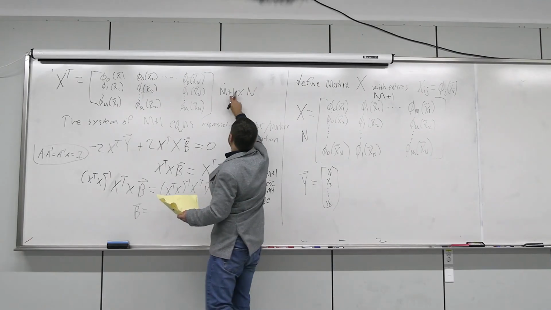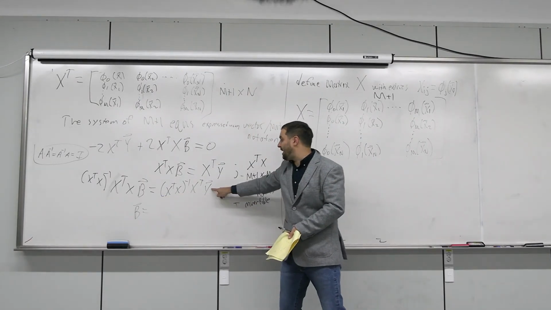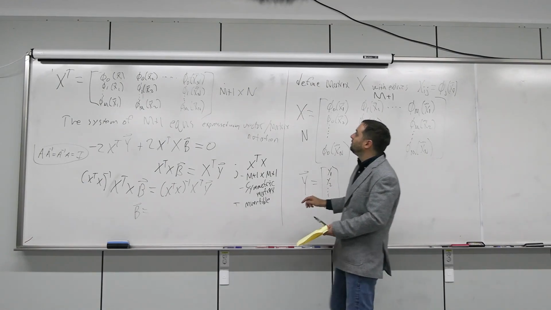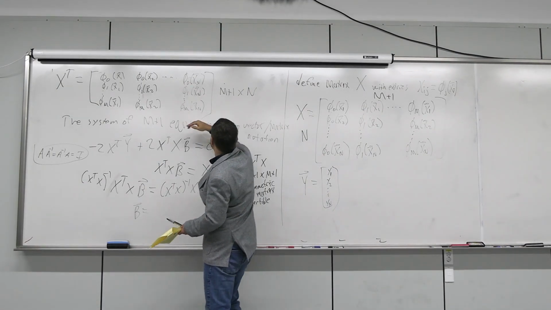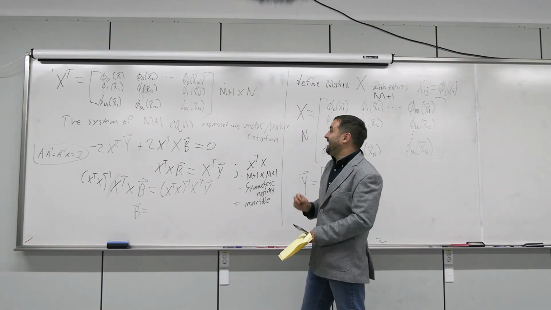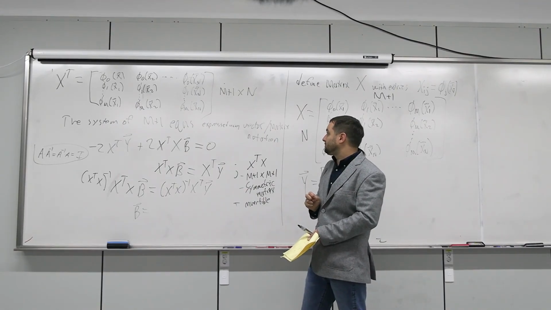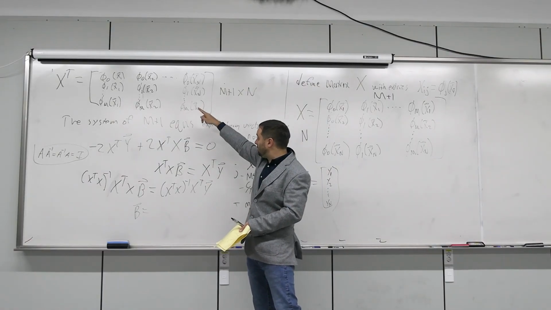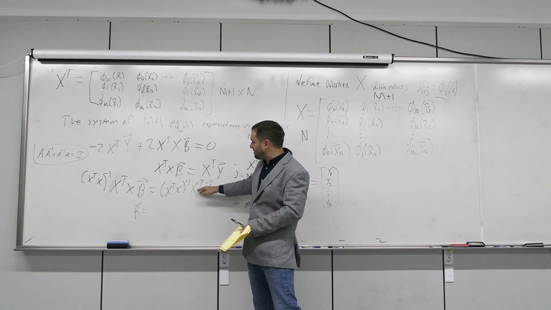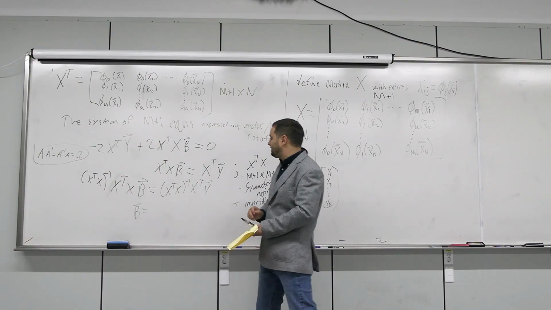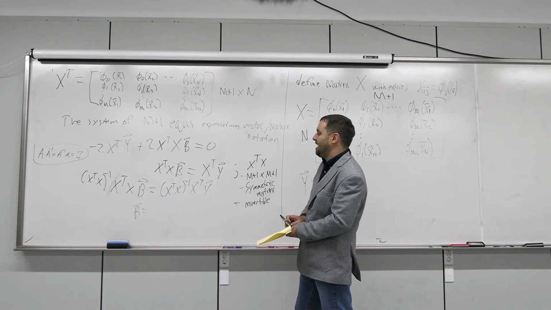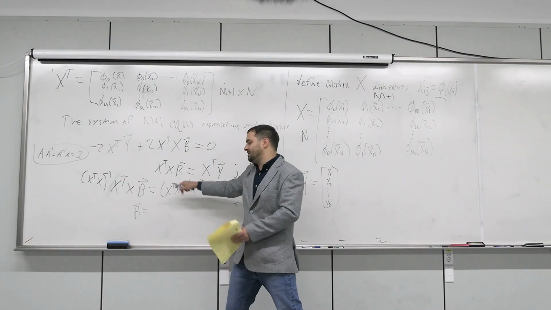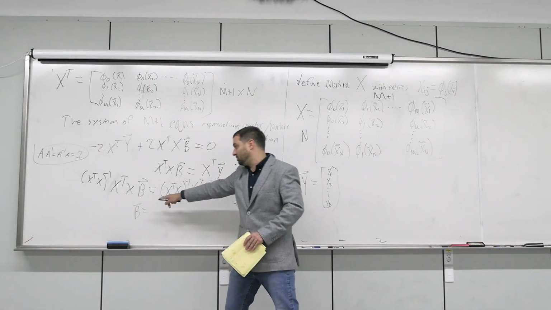So this is an m plus 1 times n matrix. Y is a row vector of length n. And so this returns an m plus 1 by 1 row vector. Then we multiply that by the inverse, which returns another m plus 1 vector. And so all of the dimensions of the matrices and vectors are preserved here.